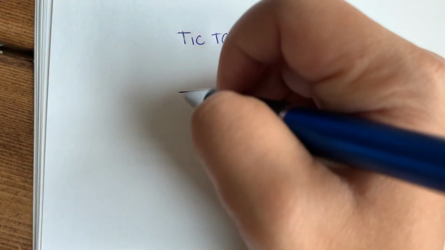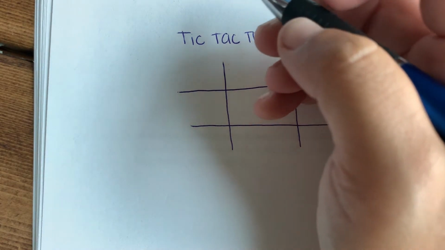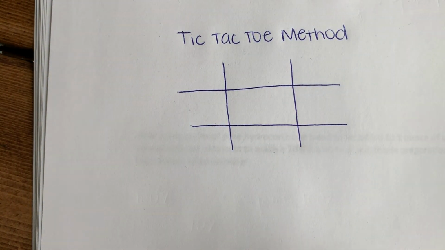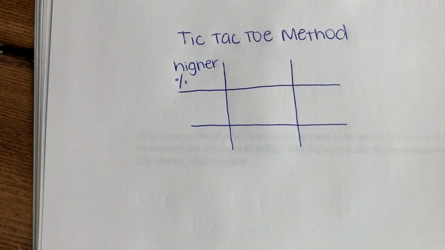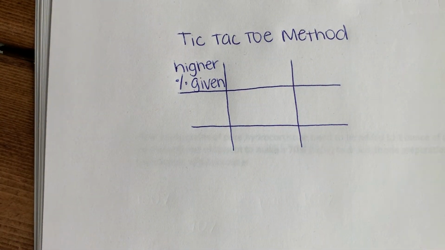Over on this left column, you're going to put the strengths of the active ingredients that you're given. And you want to put the higher percent up at the top. This is your higher percent given, or what the stock concentration is.